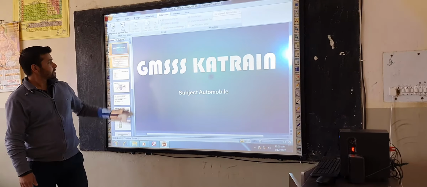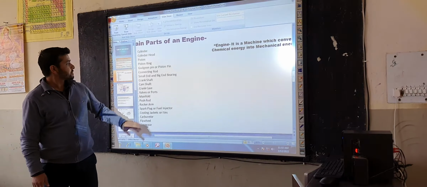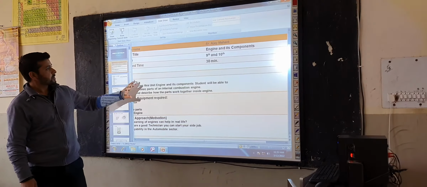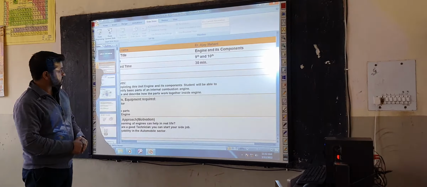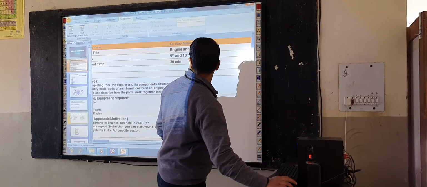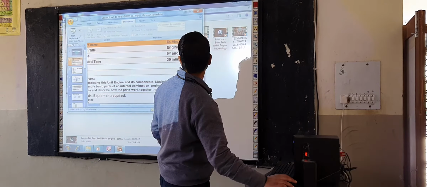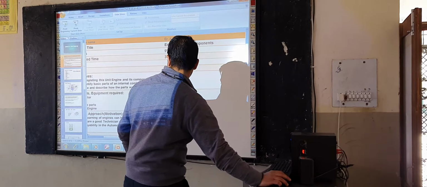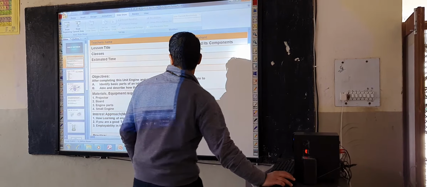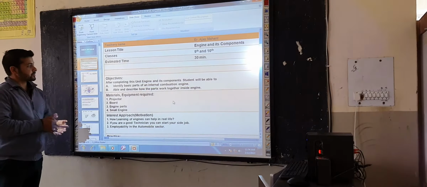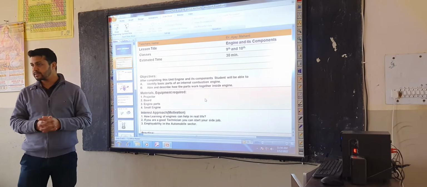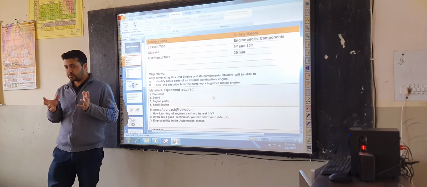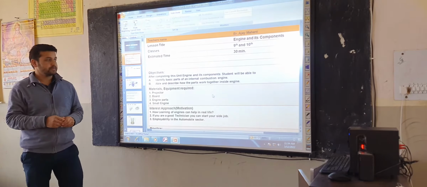Now, you can see here our objective is to identify basic parts of an engine and be able to describe how they work and their positions and locations in an engine.